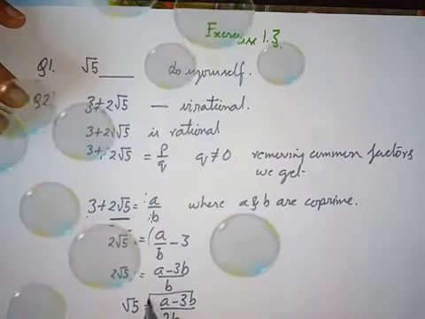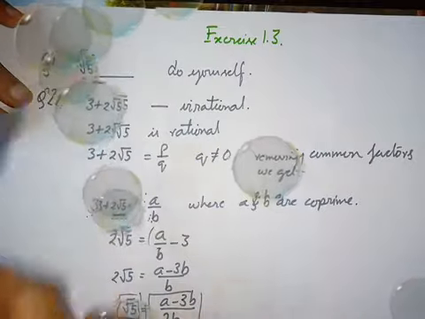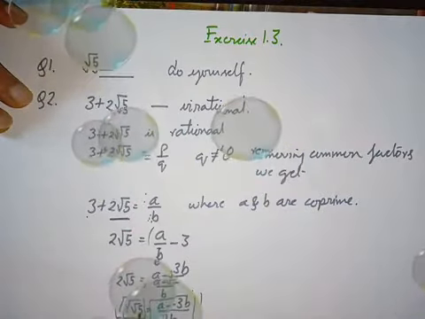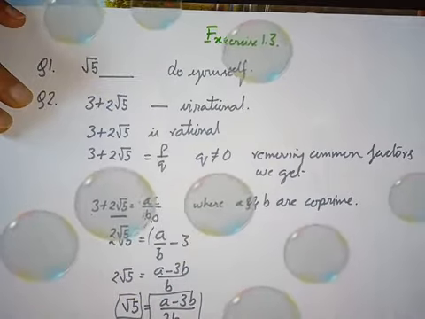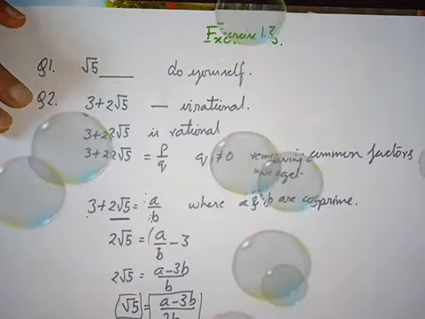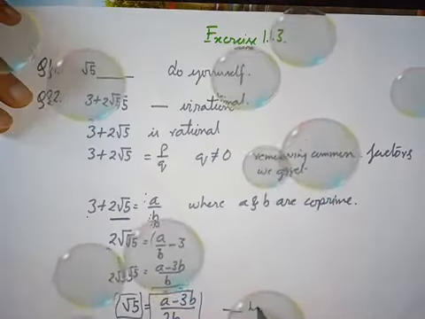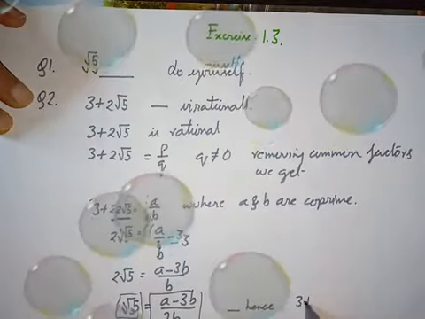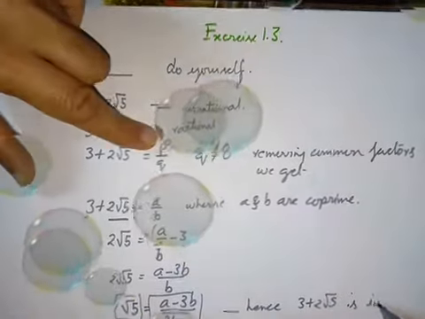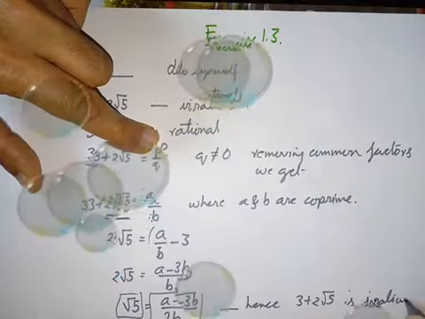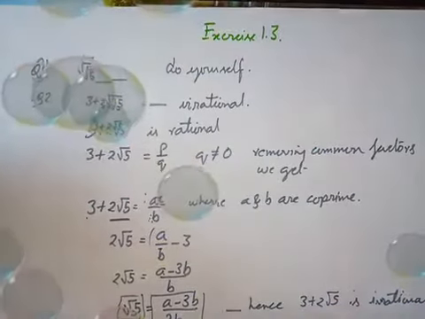Now the right hand side is completely rational, whereas root 5, as we have proved earlier and also know that the square root of a prime number is an irrational number, is irrational. So the right hand side is rational, whereas the left hand side is an irrational number. Therefore our assumption is incorrect. Hence 3 plus 2 root 5 is irrational. This is how you have to prove question number 2.